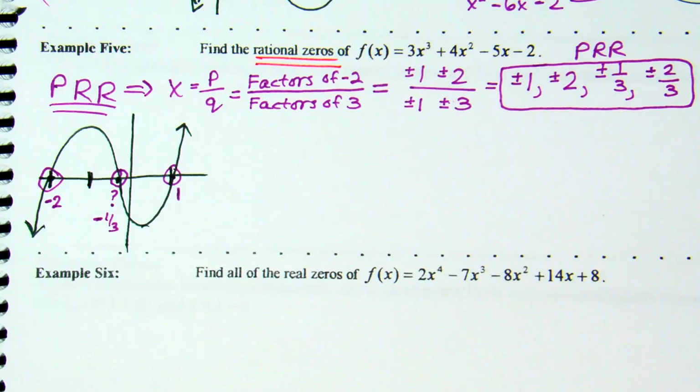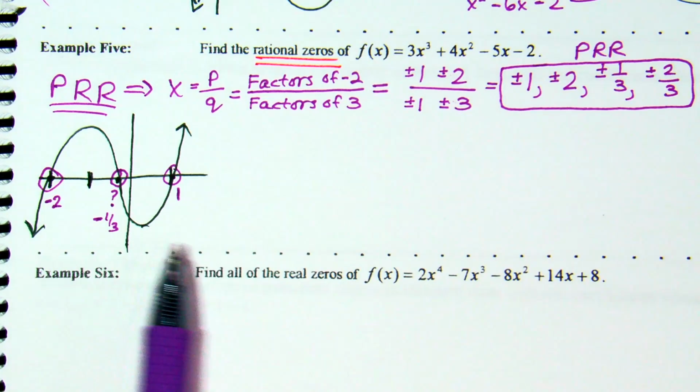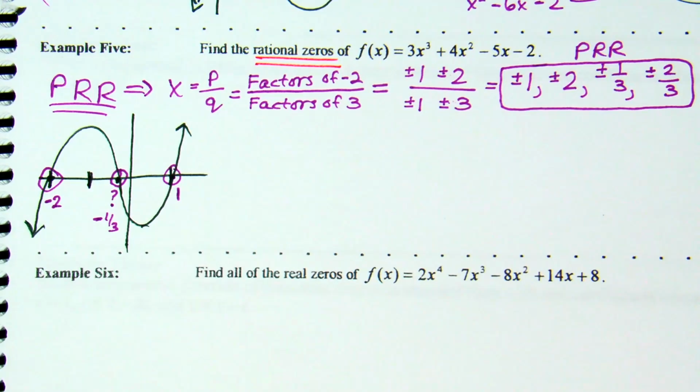Okay, and that's something where I'm going to try the obvious numbers first and then the graph. Yes? Could you find your zeros with the calculator? You can, however, you still have to show this work. Because based on the methods we're using right here, I'm just using a calculator to try and speed up my process. Yes.